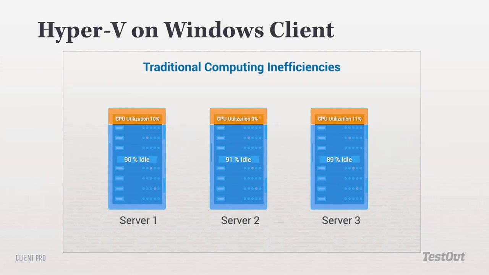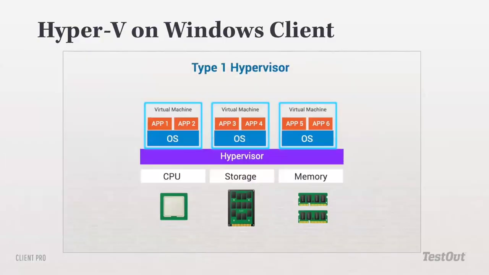Well, you could argue, why didn't they just buy servers with cheaper CPUs? And they could have, but wouldn't it be nice to have some flexibility, which frankly is part of virtualization as well. So let's talk about that type 1 hypervisor that Hyper-V is not.